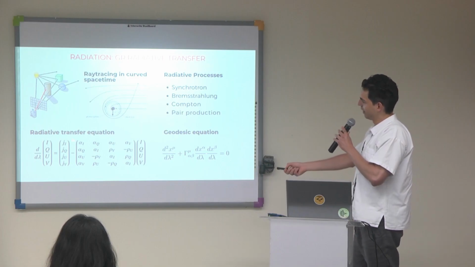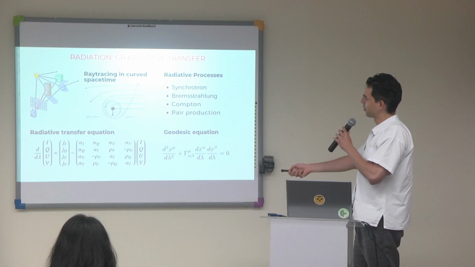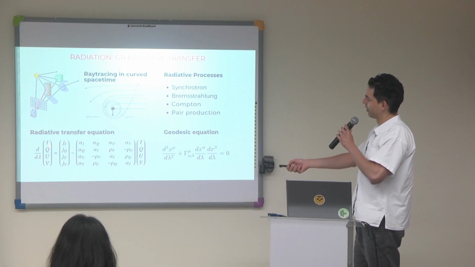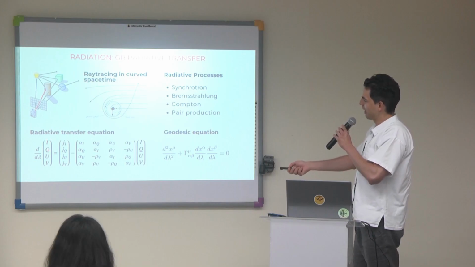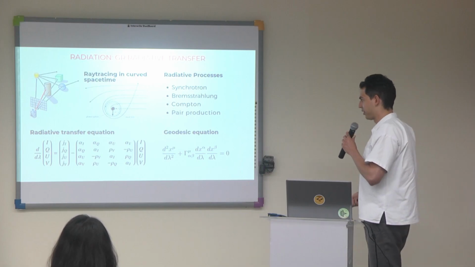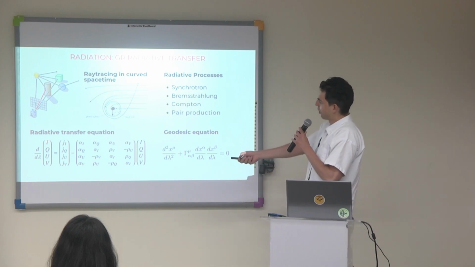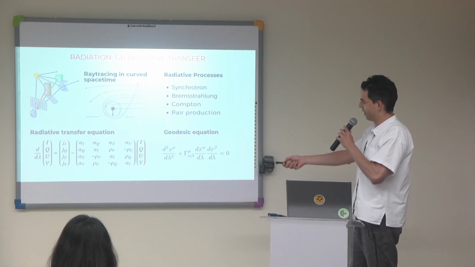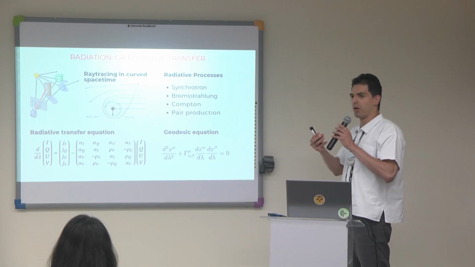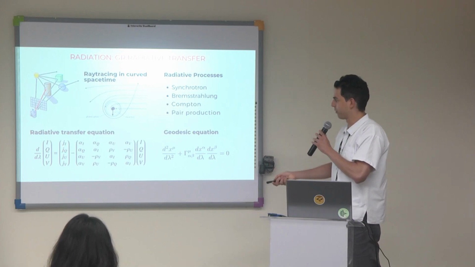This is the radiative transfer equation. As you can see, it is a matrix equation. So we solve for the total intensity of light and for the three Stokes parameters that give information about the polarization. The right-hand side of this equation has first the emissivities, which tell us how much radiation is emitted at a given location of the plasma.